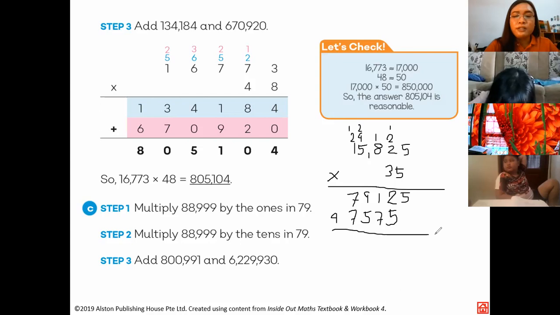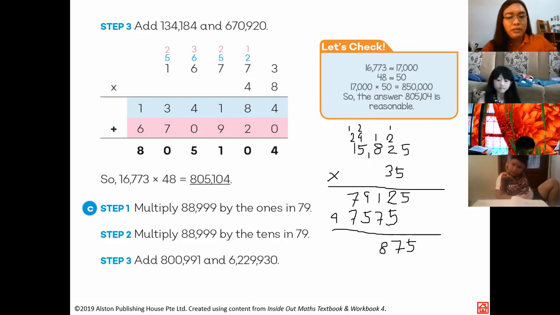Okay, let's try to add the two products. So 5. So 2 plus 5, that's 7. 1 plus 7, that's 8. 9 plus 5, that's 14.